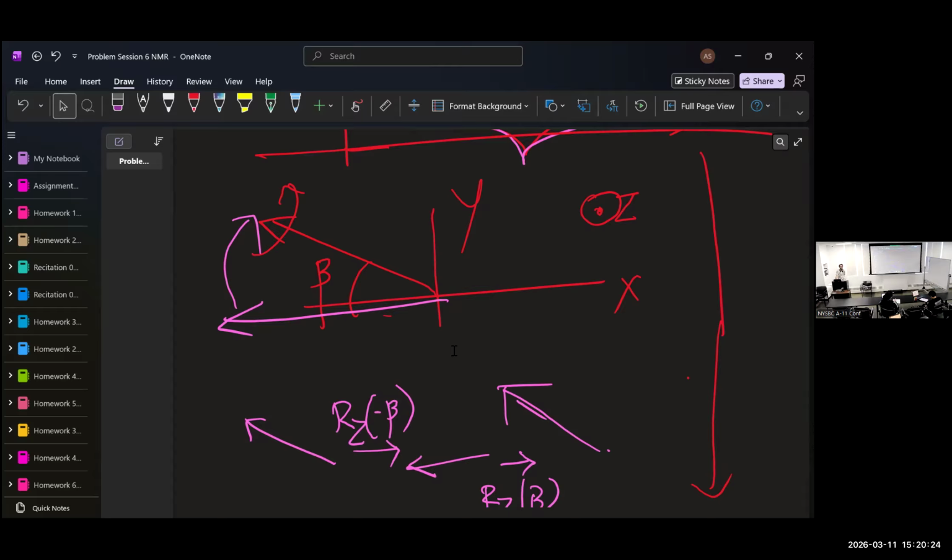And therefore it should be 180 minus beta.